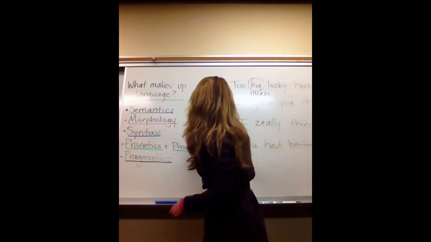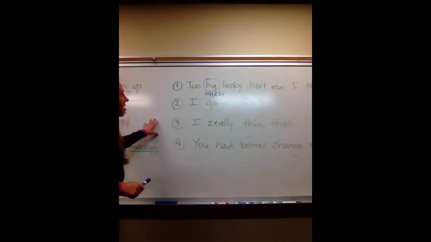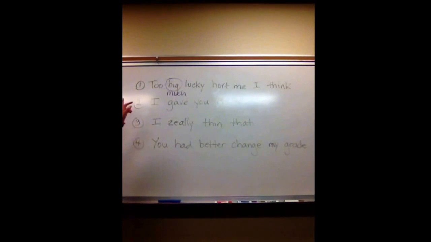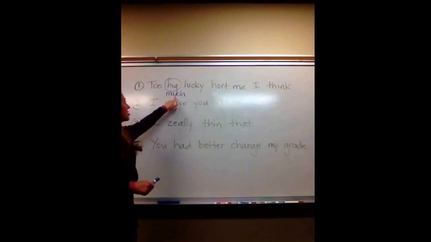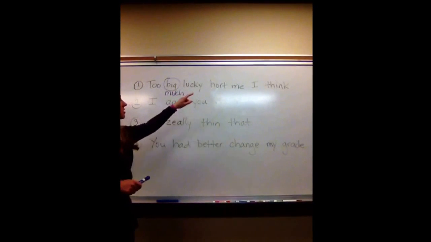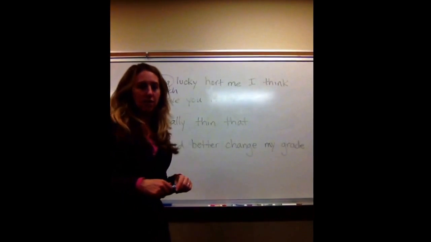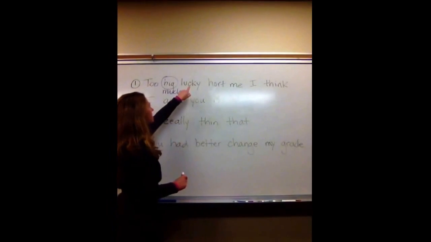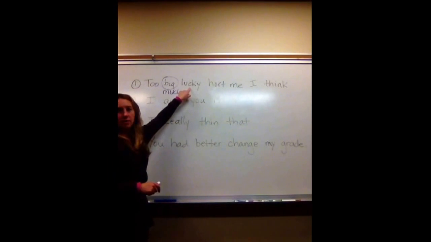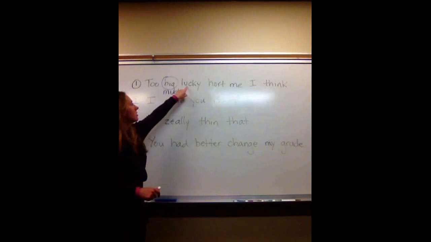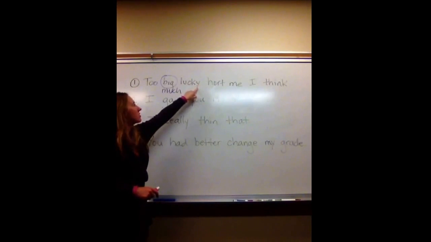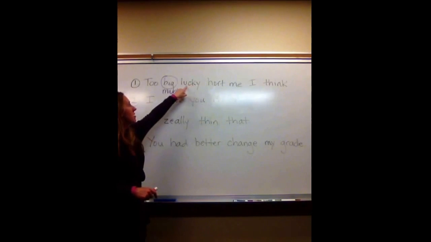Okay. So there's another aspect I wanted to highlight in that sentence. Now let's go ahead and switch it to much. "Too much lucky, hurt me, I think." So another thing that I wanted to highlight is this word lucky. And lucky is an adjective, right? So we've added this Y, this suffix, and it's made it an adjective.